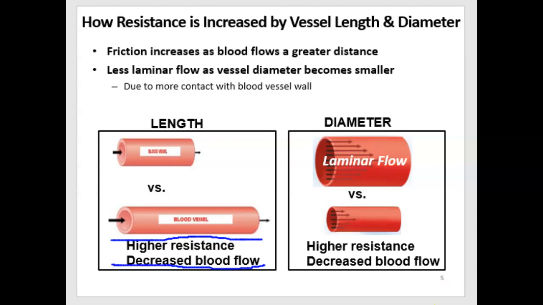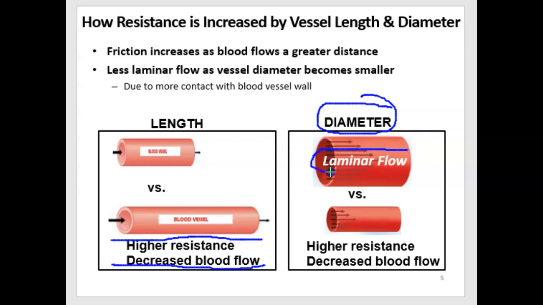Now, considering how diameter of the blood vessel factors in, we see that the wider the diameter, the less resistance or friction occurs. This is because blood in the center of a wide vessel flows unimpeded by the wall. This is referred to as laminar flow.